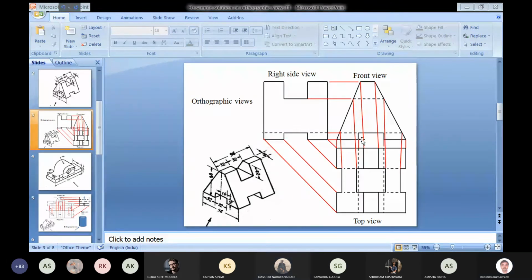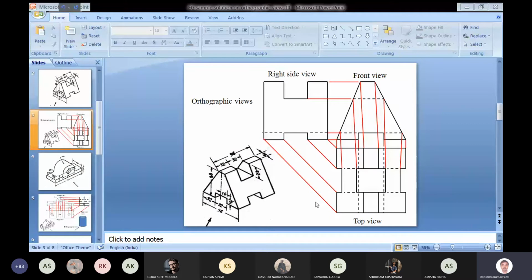Sir, is it necessary to consider the right side view or left side view if nothing is mentioned? If nothing is mentioned, you observe the object to see which side will give the maximum number of continuous edges.